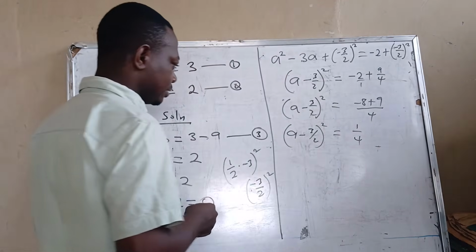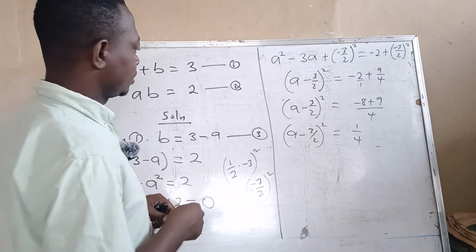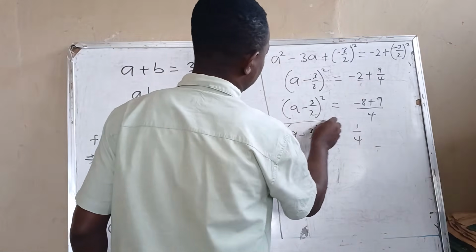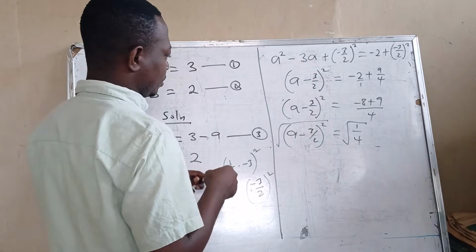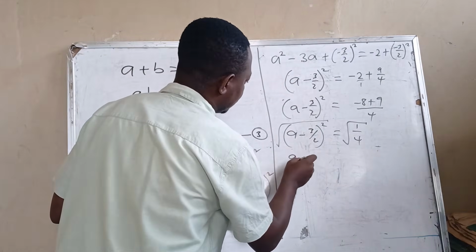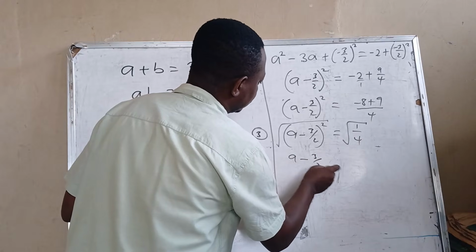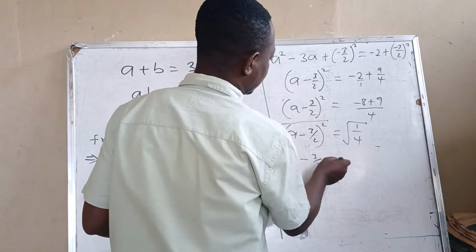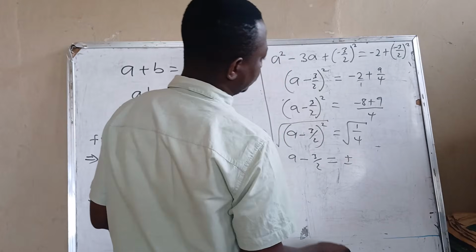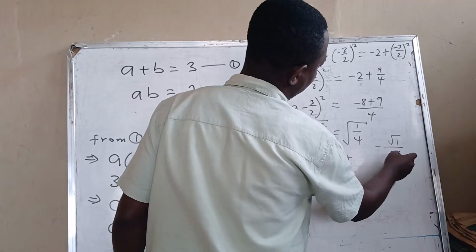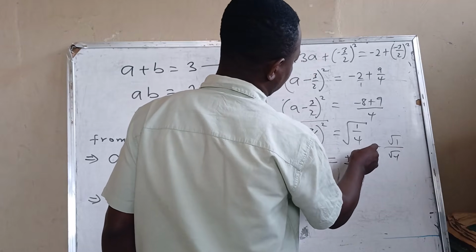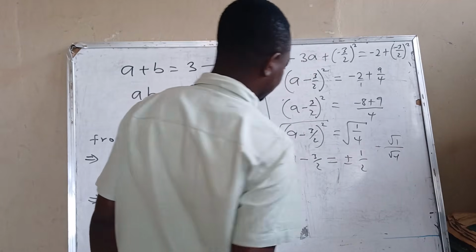Let's take the square root on both sides. Remember, we have a minus 3 on 2 equals plus or minus the square root of 1 over the square root of 4, which is 1 on 2.